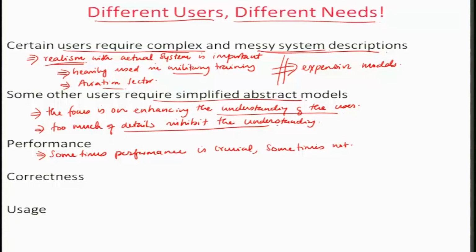If you want to do a large experiment, then performance is crucial, because if the model is not fast, then your experimentation will take a long time. Sometimes you only do a single experiment, only once, and that is it. In those cases, you might not require the model to run that quickly, it can take a little bit of time because you are only doing it once. So, correctness.